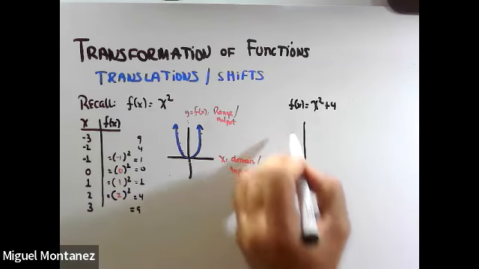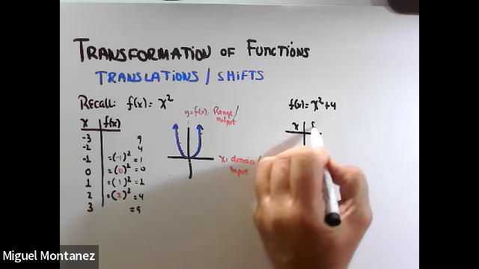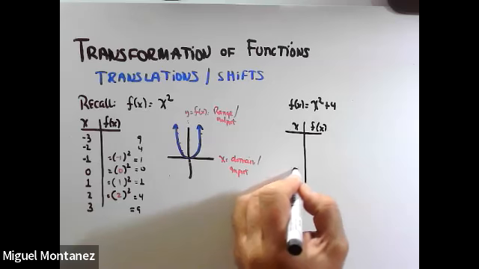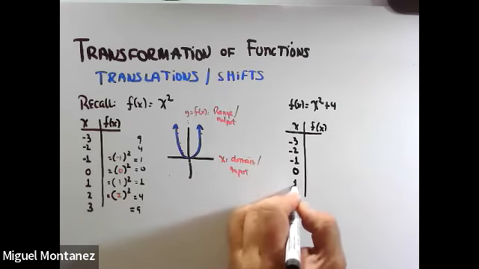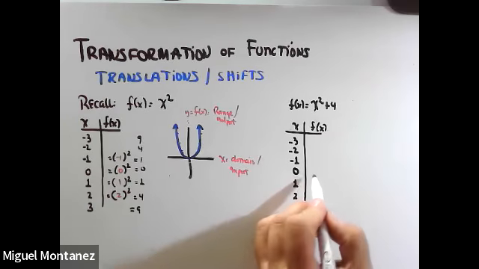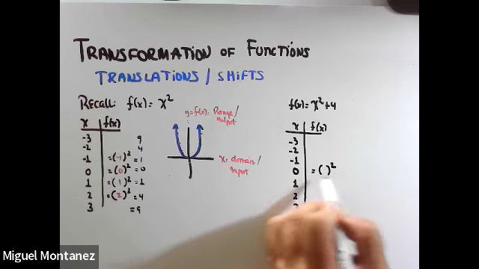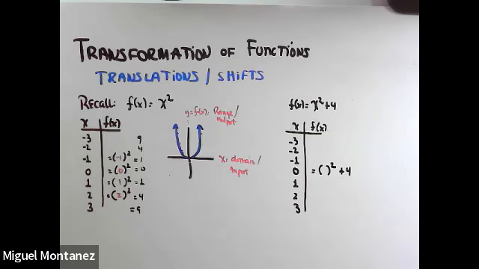I would like to know what type of effect this plus 4 has on the function. So what do we have here? When the input comes in, we square the input and then we proceed to add 4.